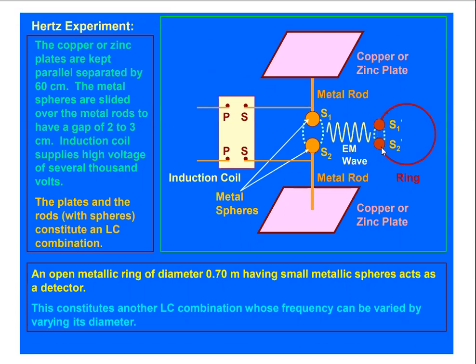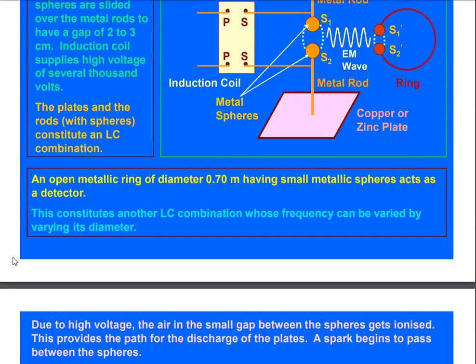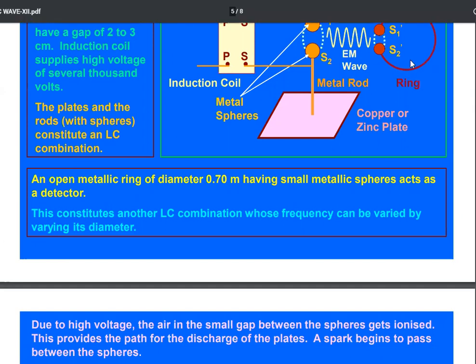And this open ring has 2 ends, and 2 ends is attached with the spheres which act as detector. So this constitutes another LC combination. So this also act as a LC combination.